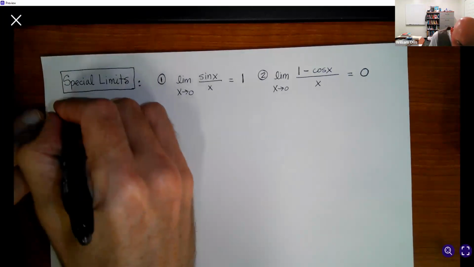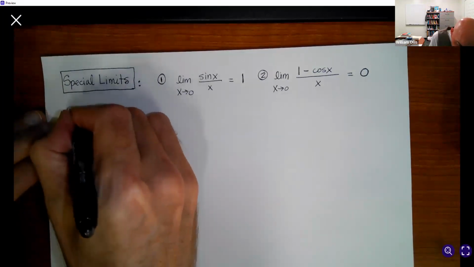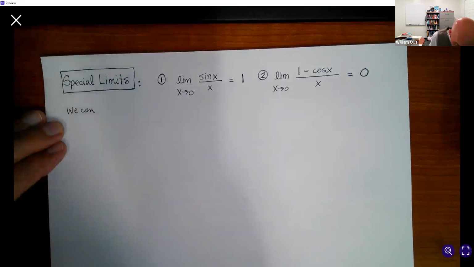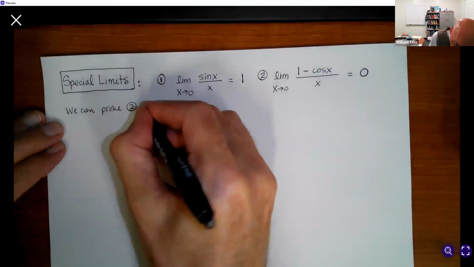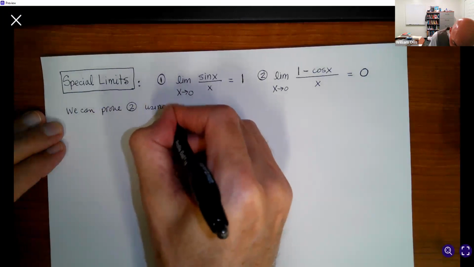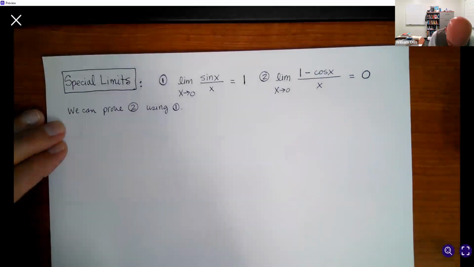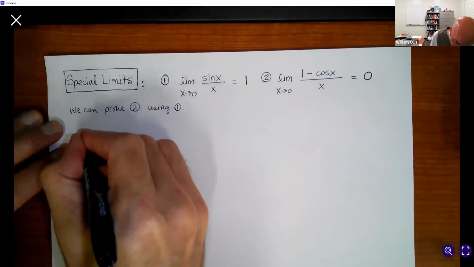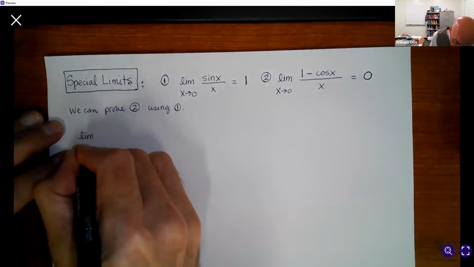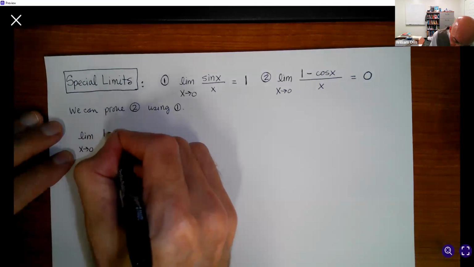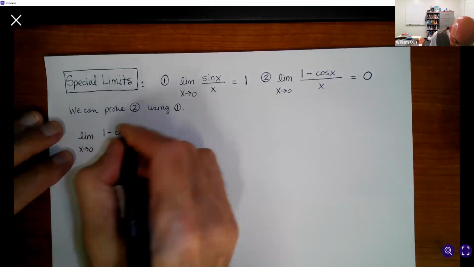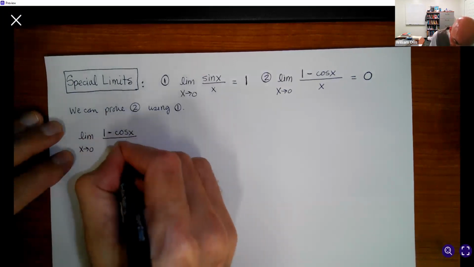So we'll just say we can prove 2 using 1. So let's do it. And of course, it's going to be the conjugate technique, which I've already talked about in the first lecture. So don't be afraid of doing the conjugate technique as you work through this.